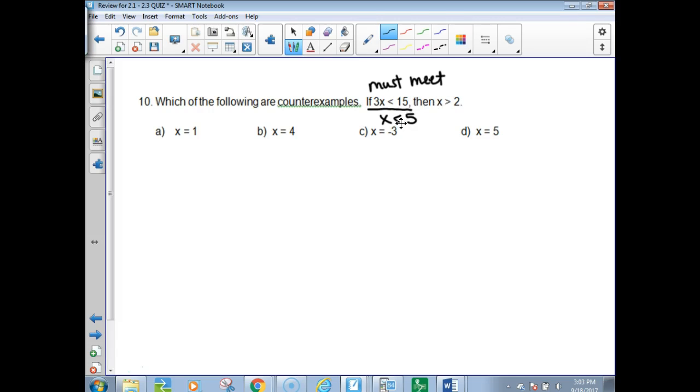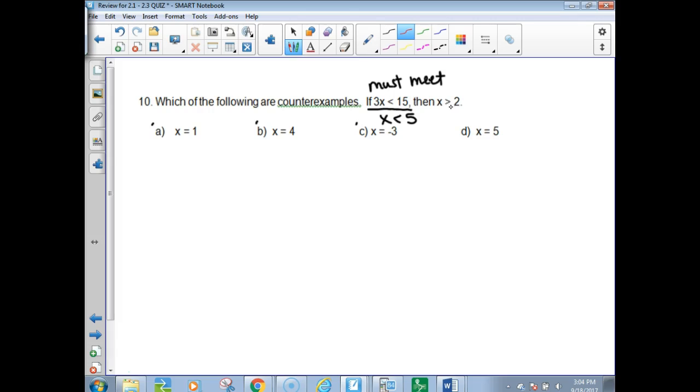We want to find numbers that are less than 5 in this list down here, which would be A, B, and C. Now, to determine which ones are counterexamples, they also will not meet the conclusion, which says x is bigger than 2.